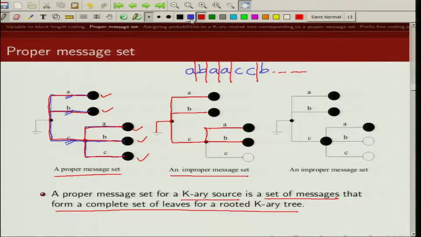But there is nothing for CC. So if I get a CC in my input sequence, this particular source parser, which I am calling an improper message set, cannot parse my input into blocks of data.